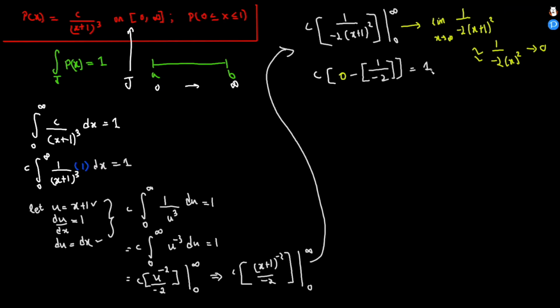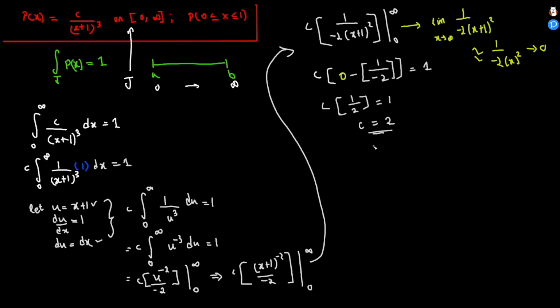Remember this whole thing is equal to 1. Now this is just minus a half, 0 plus a half, which is just c times a half. c times a half equals 1. Therefore, c equals 2, right?